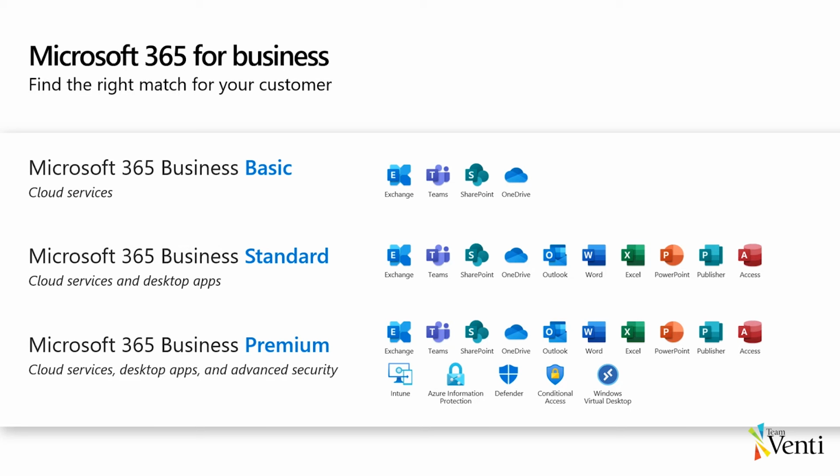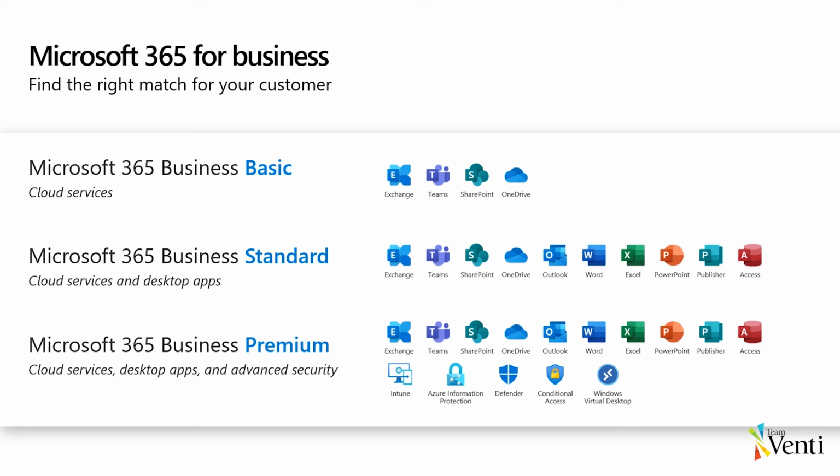It provides the end user with only the cloud services, so an email for them to use, Teams for collaboration, for chats, meetings, SharePoint for sharing documents, pretty much the backbone of Teams, and also OneDrive for Business, which is more on a personal storage level.